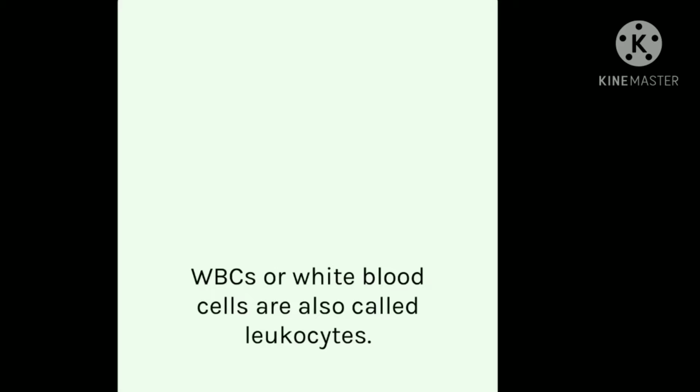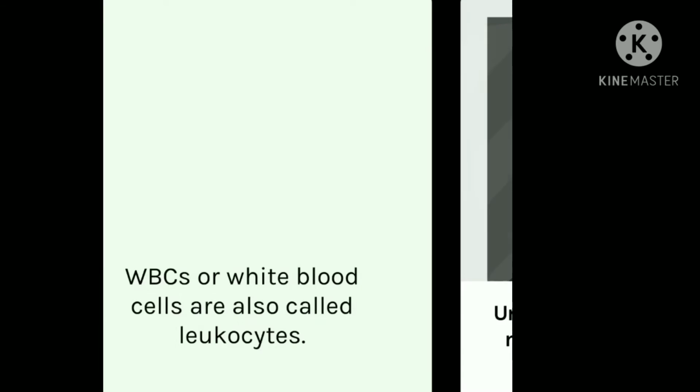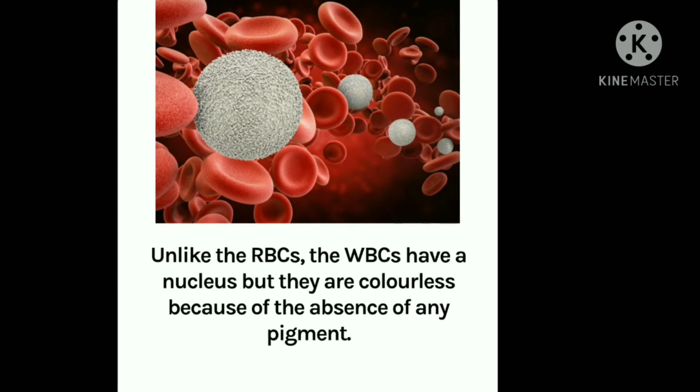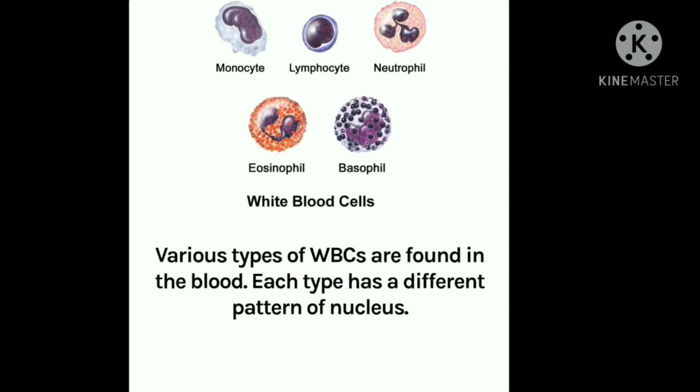White blood cells, or WBCs, unlike the red blood cells, have a nucleus but they are colorless because of the absence of any pigment. So their color is white. Here you are able to see.